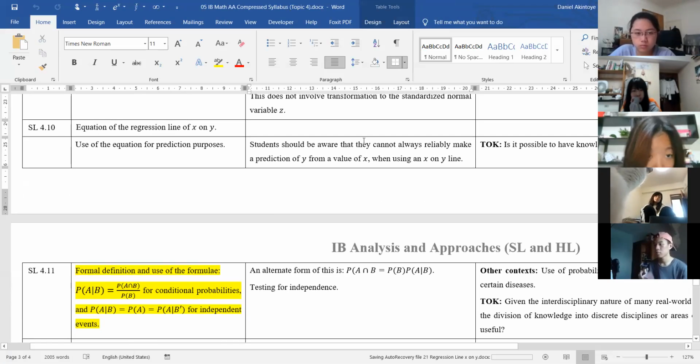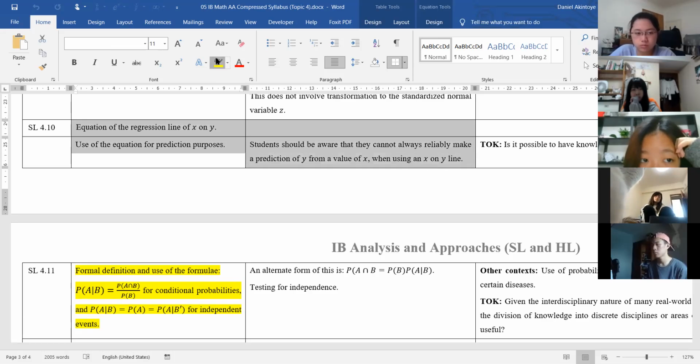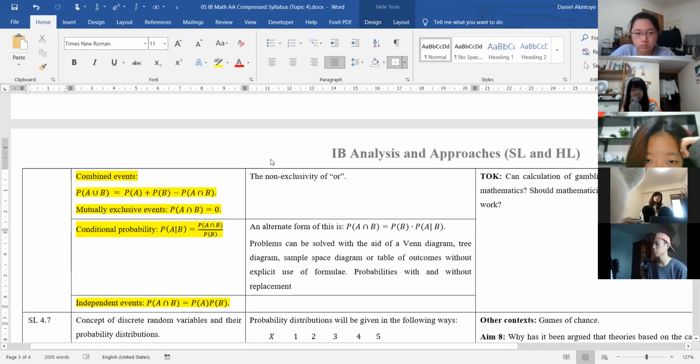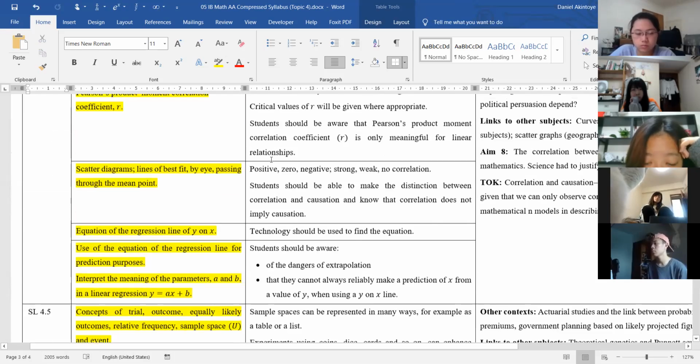Students should be aware that they cannot always reliably make prediction of Y from a variable X when using X on Y. You should know that as well. The same warning was given in the previous one.